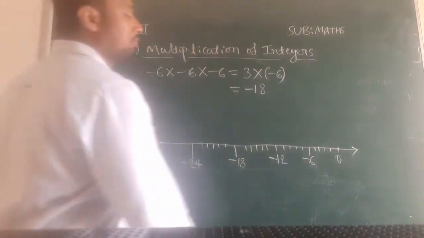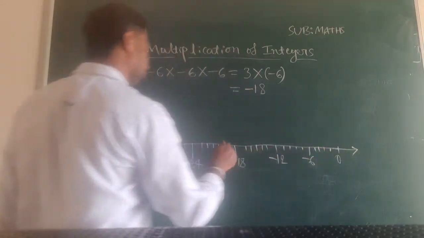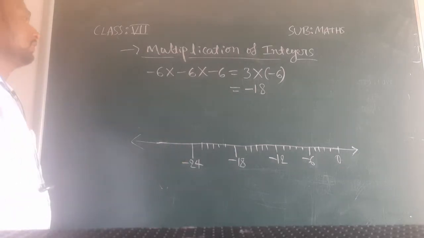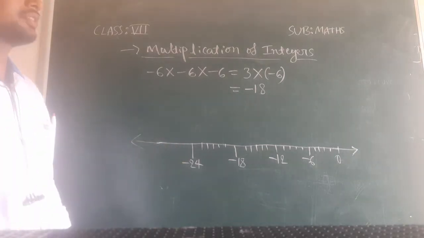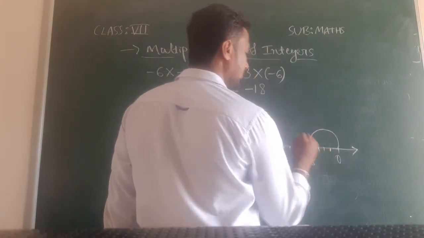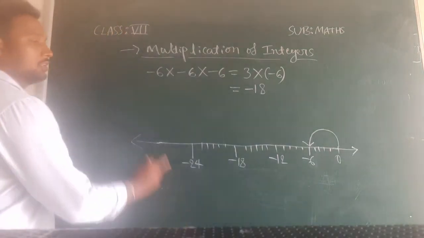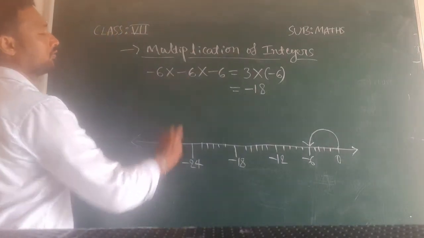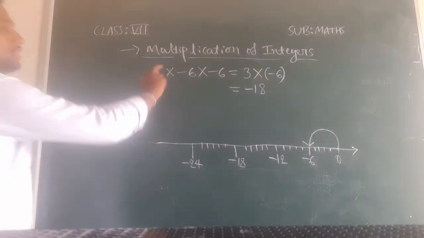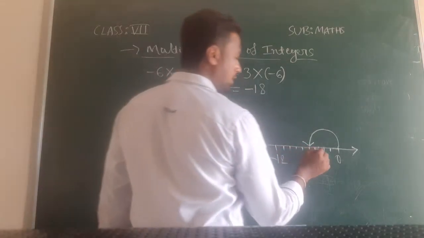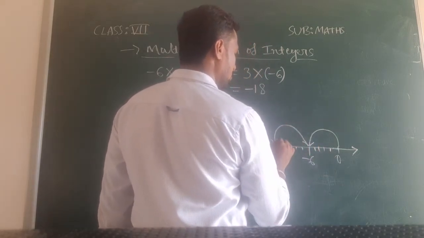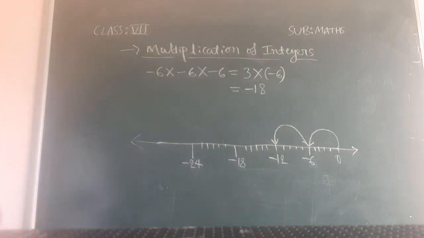So here from 0 we have minus 6, minus 12, minus 18, minus 24. Let us see what we will get from this number line. First we have minus 6, so from 0 I will come towards minus 6, and from this minus 6 we have again minus 6, so again I will move towards minus 12.